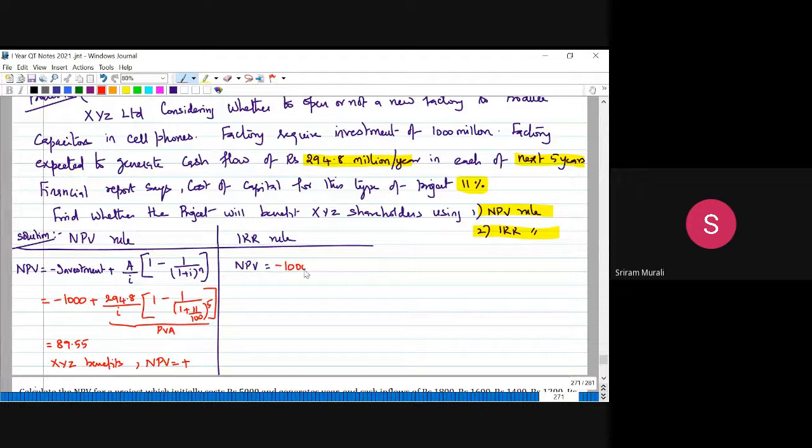Again, investment is minus 1,000 plus 294.8 divided by IRR, that is A by I into 1 minus 1 by (1 + IRR) to the power 5, because it is for 5 years, and this is equal to 0. This is the IRR equation. Cross multiply, I mean, bring 1,000 here.